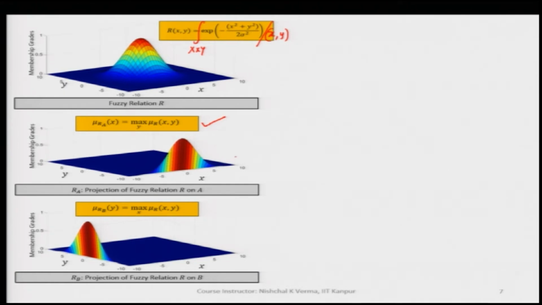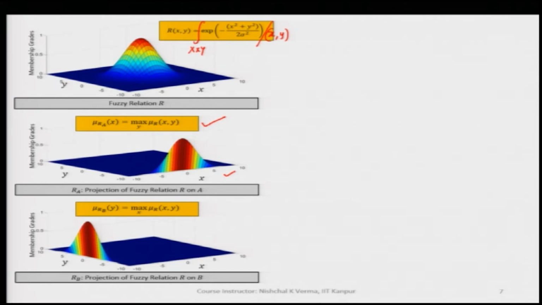You can see here that after taking the projection of R on A, the resulting fuzzy set will look like this. Similarly, we can go for the projection of the original fuzzy relation on B. B fuzzy set is defined in the space of the generic variable y.